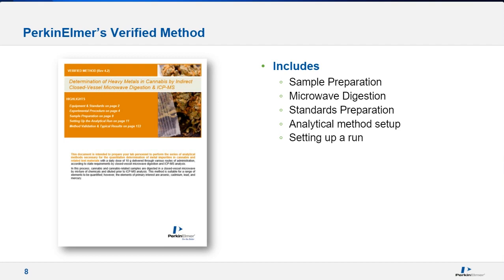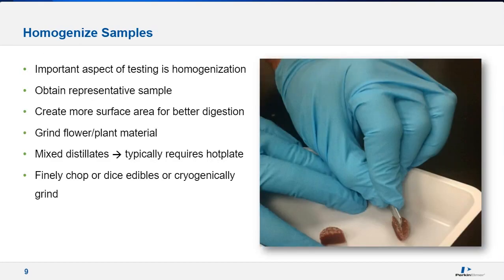So one important aspect of testing anything, especially natural samples or food type samples, is the homogenization, as I indicated earlier. We want to obtain a representative sample and result in a more complete digestion in the end. So we will cut, grind, pulverize our samples as much as possible. Distillates, for example, can be really thick.